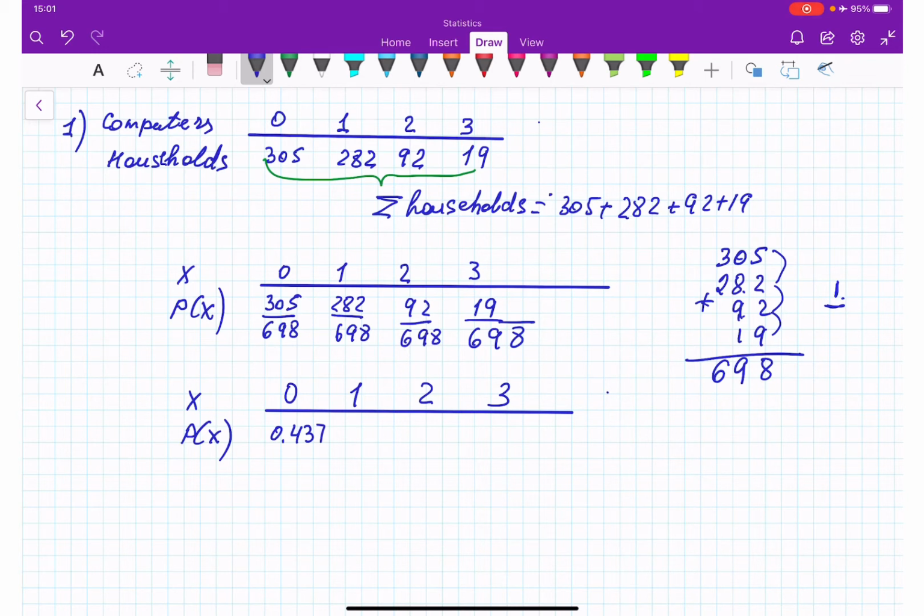For the probability for one computer, it's going to be 0.404. For probability of having 2 computers, it's going to be 92 over 698, which is going to be 0.132. And probability for having 3 computers is going to be 0.027.